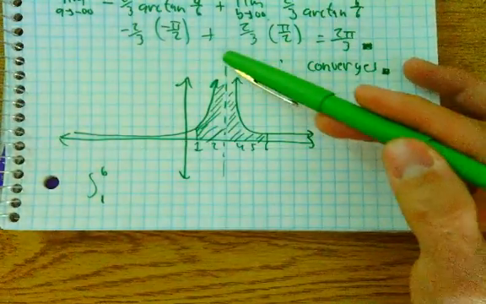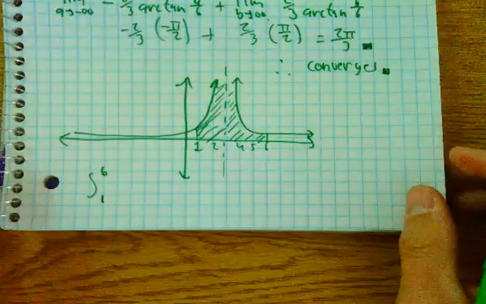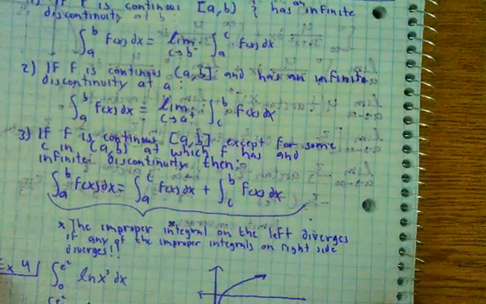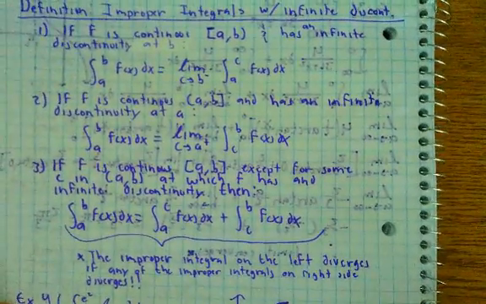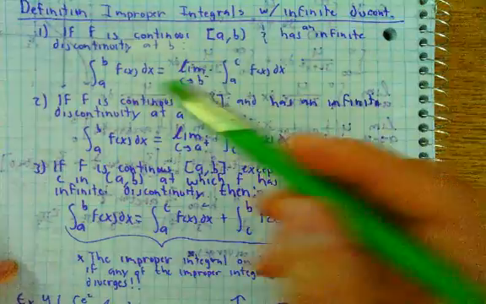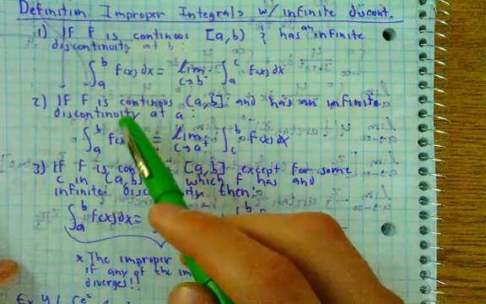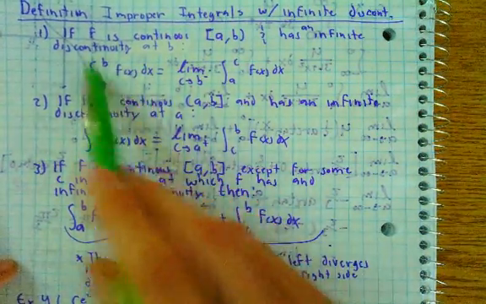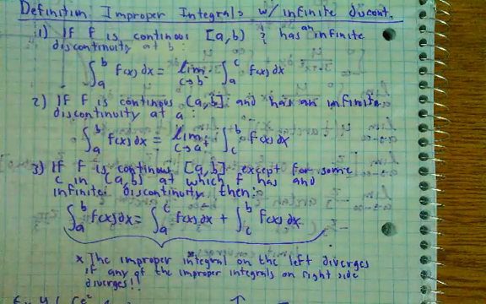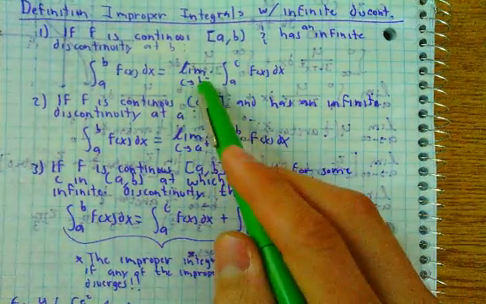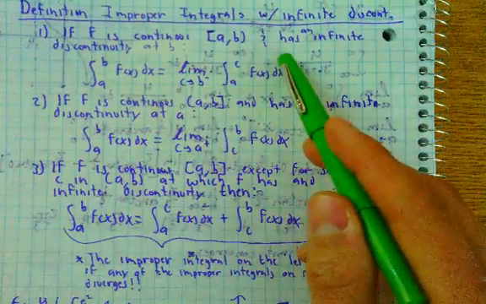So, for example, if you're going from A to B, and B happens to be a discontinuity, as you're approaching B from the left-hand side, you can rewrite it as this, right? If A happens to be your discontinuity, you can write it as you approach it from the right, okay?